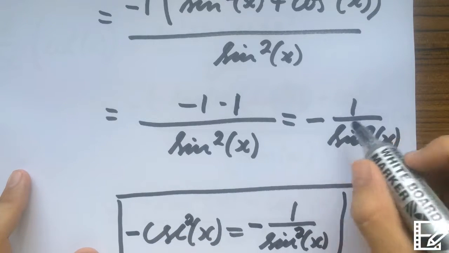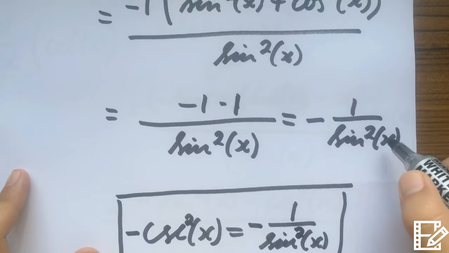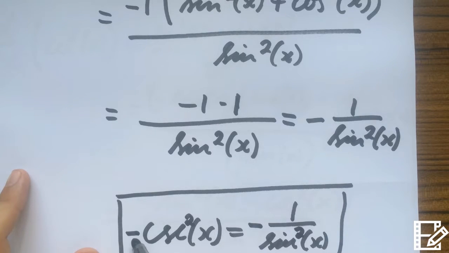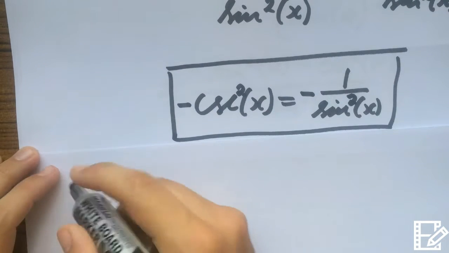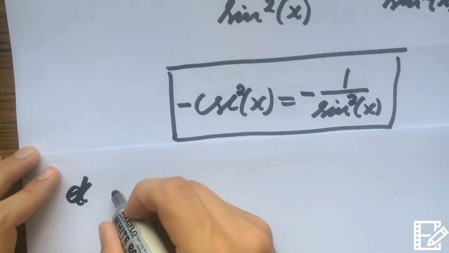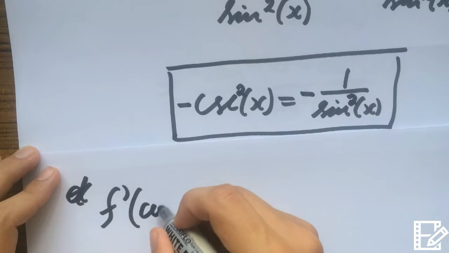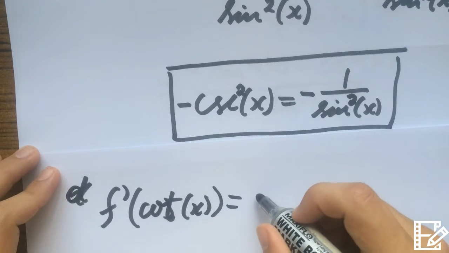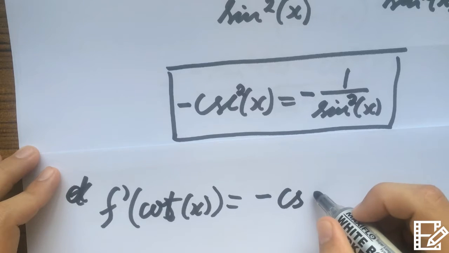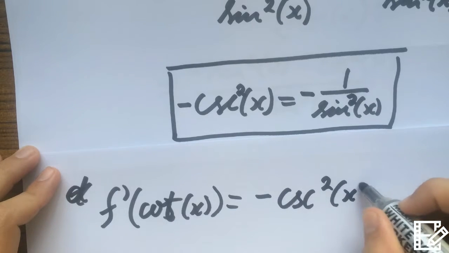Therefore, negative 1 over sine squared x equals negative cosec squared x. What does negative cosec squared x equal? The derivative of cotangent of x equals negative cosec squared x.